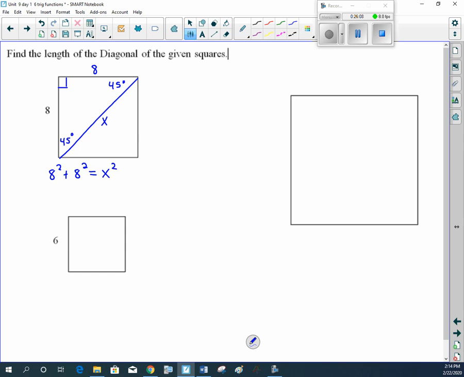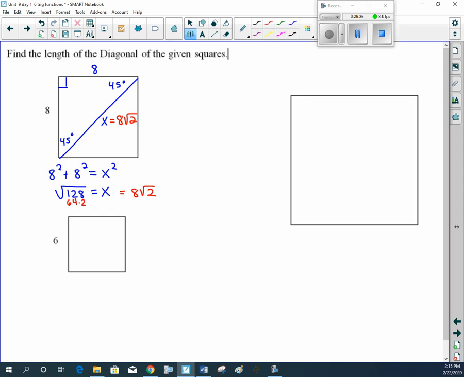Well, that's going to be 64 plus 64, so that's 128. So x turns out to be the square root of 128. Well, if you break that down, that's just going to be 64 times 2, because we added two 64s together, right? So that turns out to be 8 square root of 2. So the hypotenuse here is 8 square root of 2, or the diagonal of that square is 8 square root of 2.